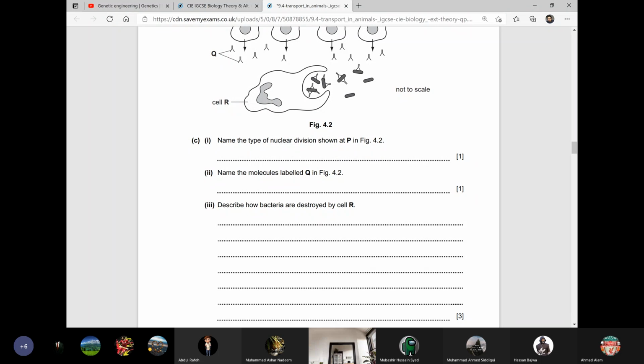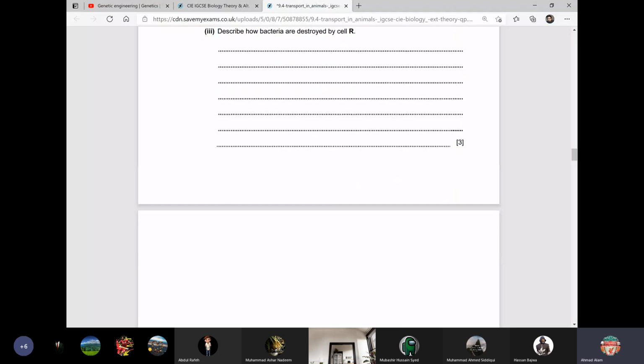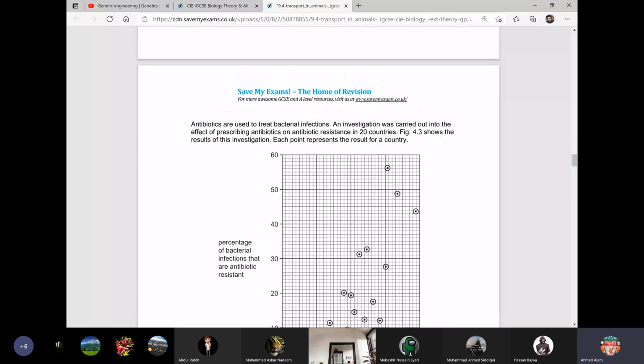And then what you will tell next is that it digests or destroys them by using the digestive enzymes. All right, boys? It destroys the bacteria or pathogens by using digestive enzymes. Understood, everyone? Yes, sir. All right.